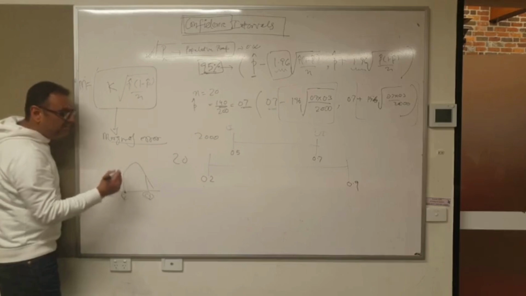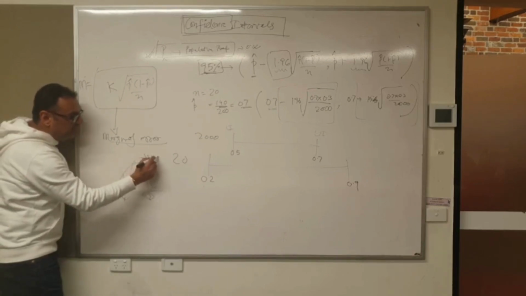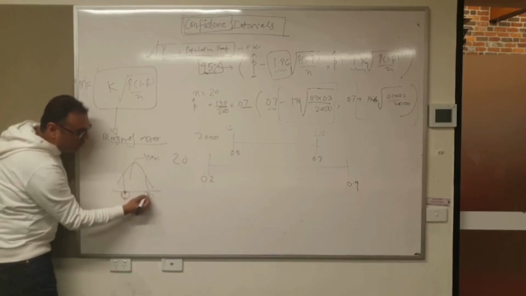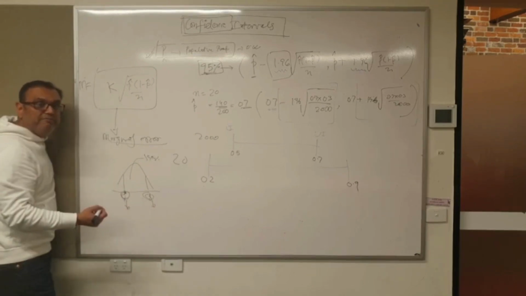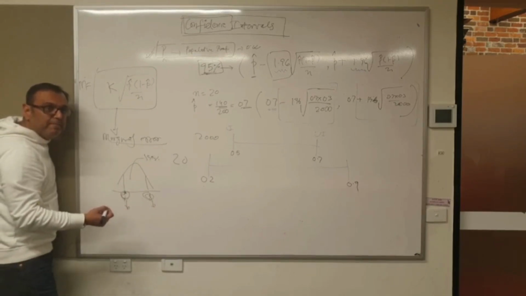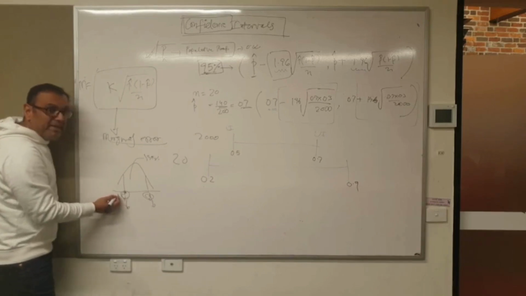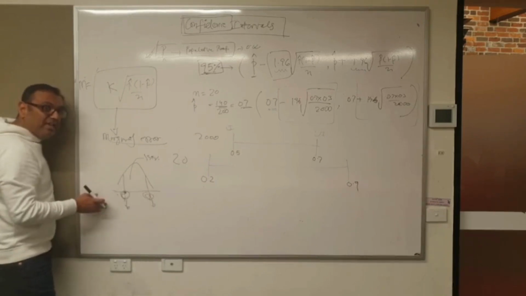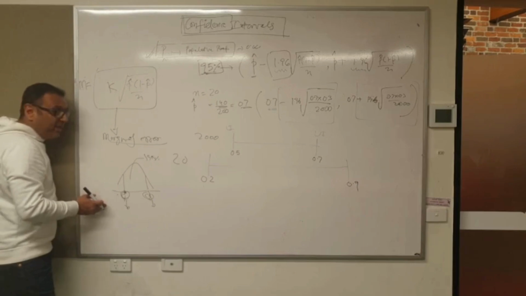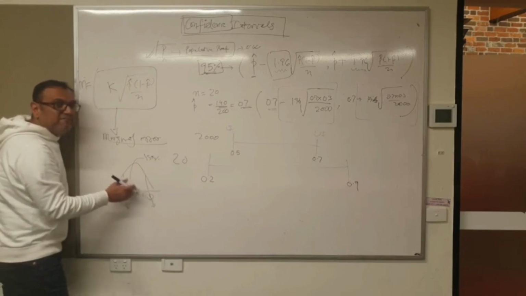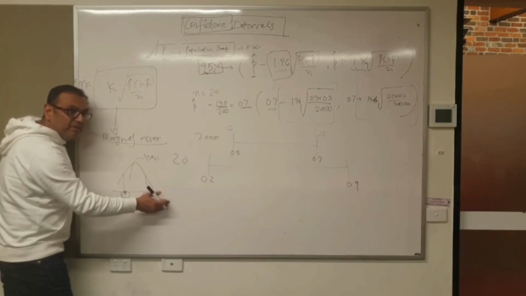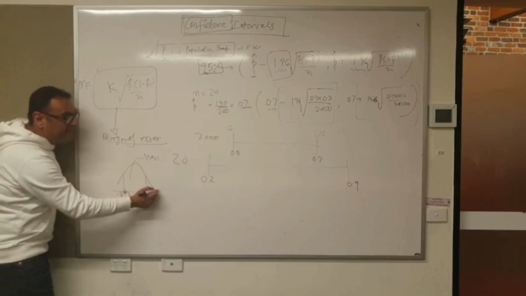If I'm saying 95%, this is 95%: the value where your 95% starts and the value where it ends. If you find one, that will be negative because you're going on the left of the mean, and the value on the right is positive because you're going on the right side of the mean. So these are the values on the x-axis.